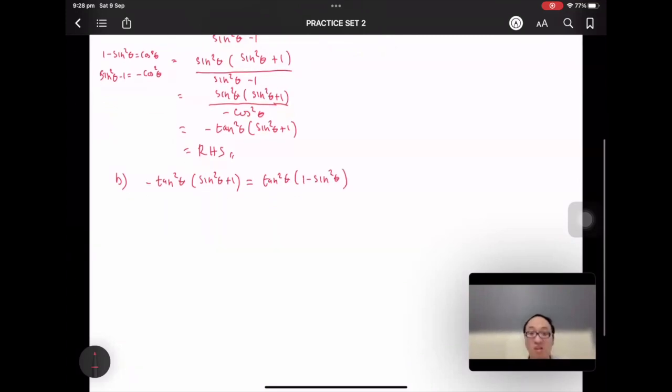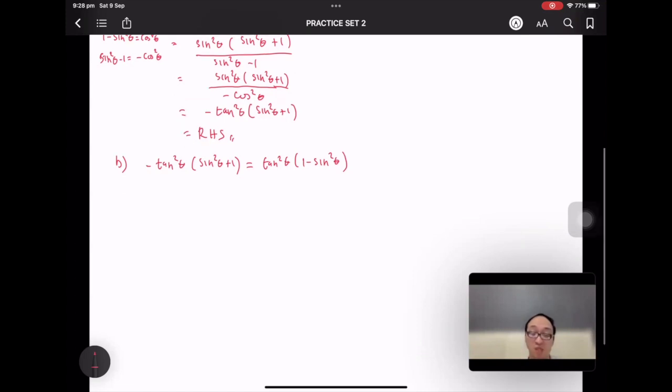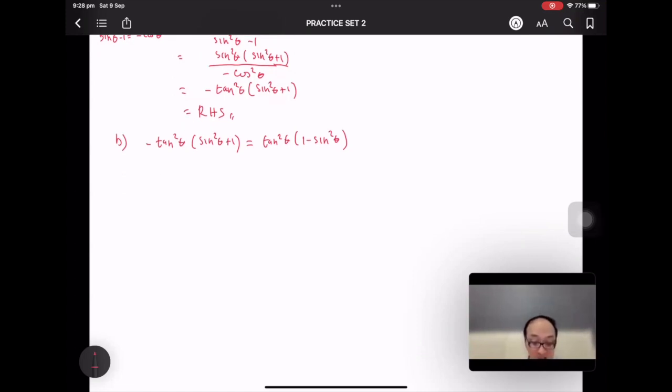In this question, don't change 1 minus sine square theta into cos square theta because it will make it complicated. So what we can do here is rearrange the expressions, yeah? Don't cross out the tangent square theta because you will remove possible answers.